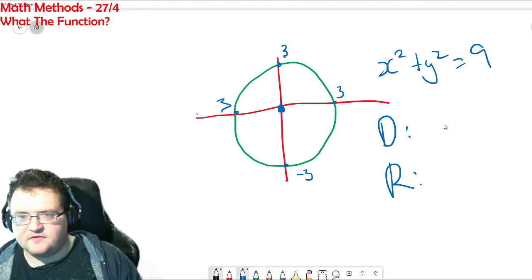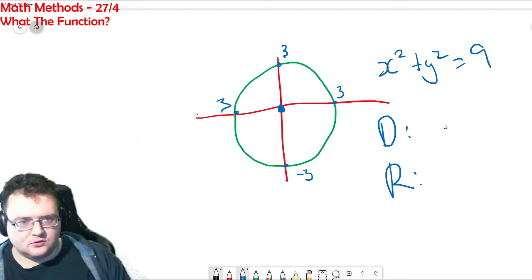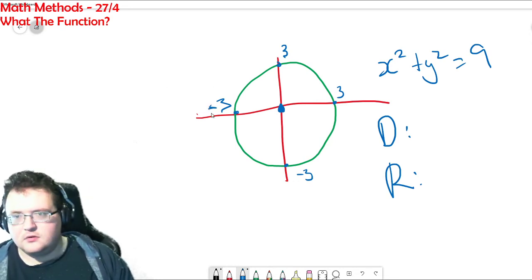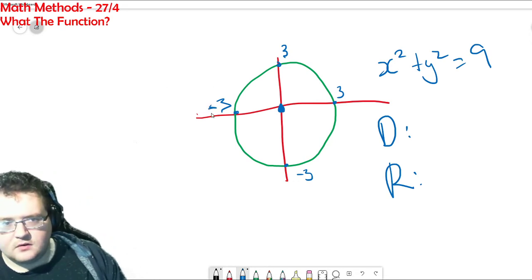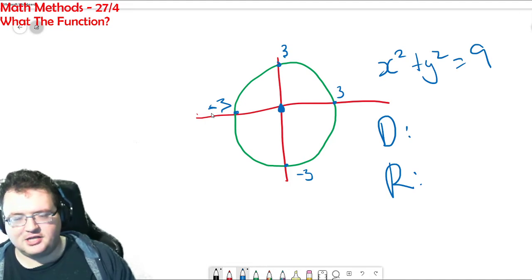What possible values of x along the horizontal can I possibly have? What possible values can I have for my domain?